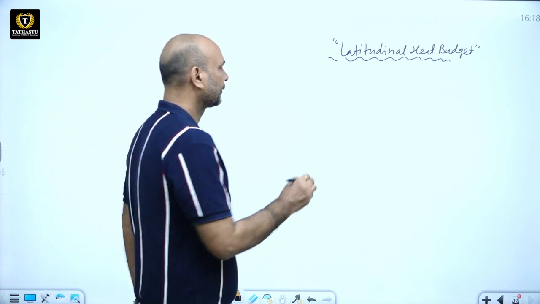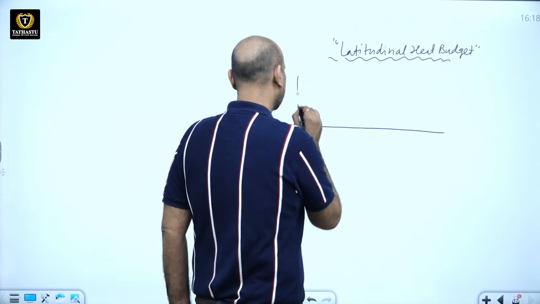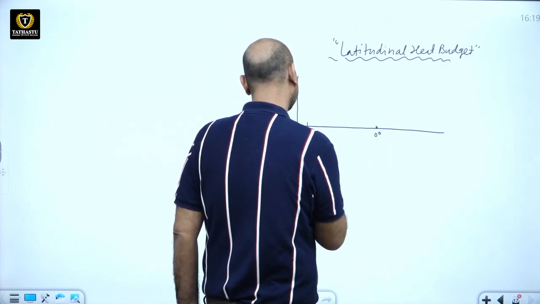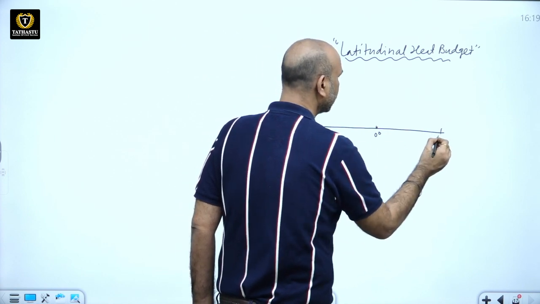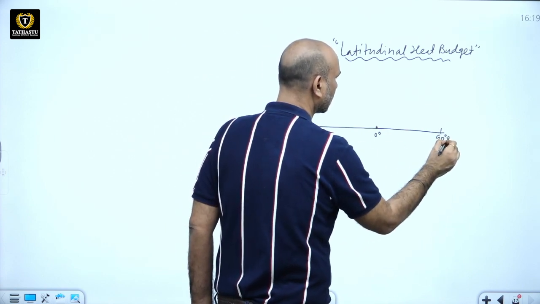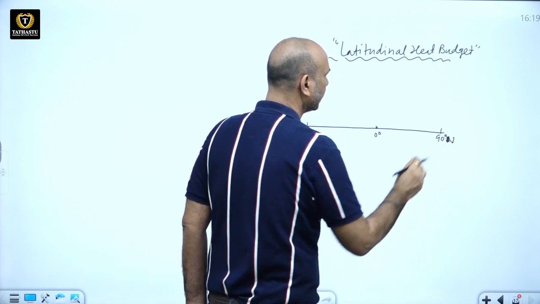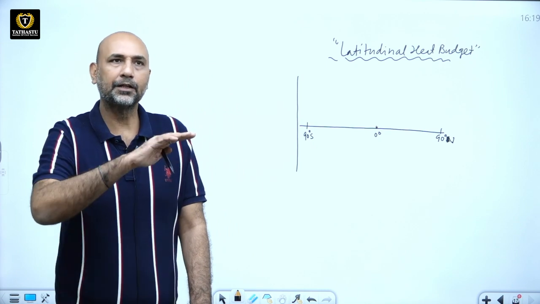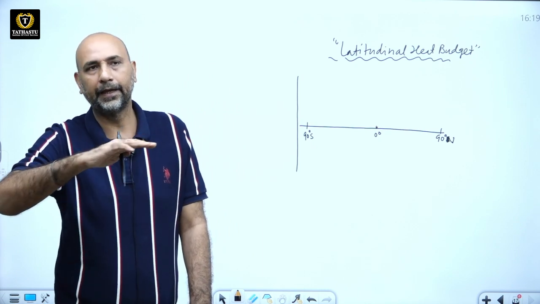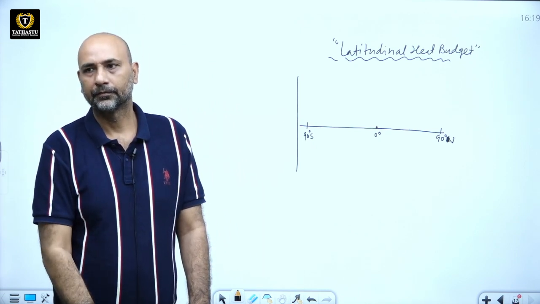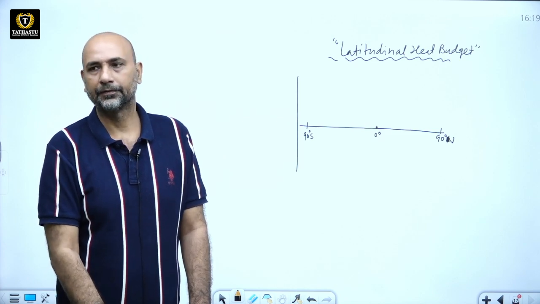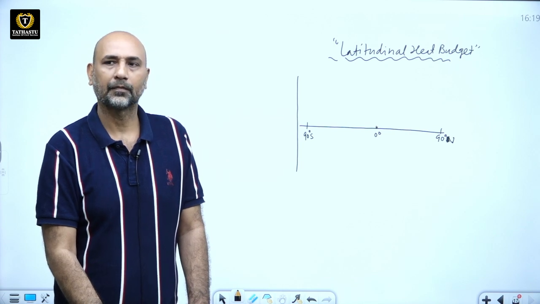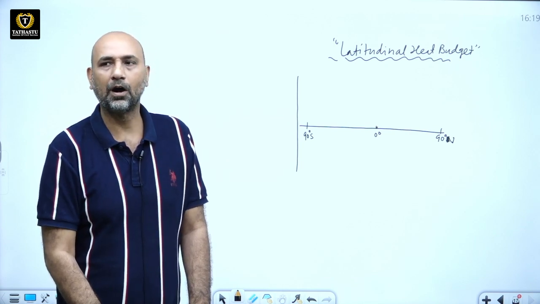You know that we have latitudes extending from 90 degree north to 90 degree south. This is the latitudinal extent on surface of Earth. And latitudes are always shown on the x-axis. In geography, it is convention. Latitudes are never shown on y-axis. Latitudes are always indicated on x-axis.